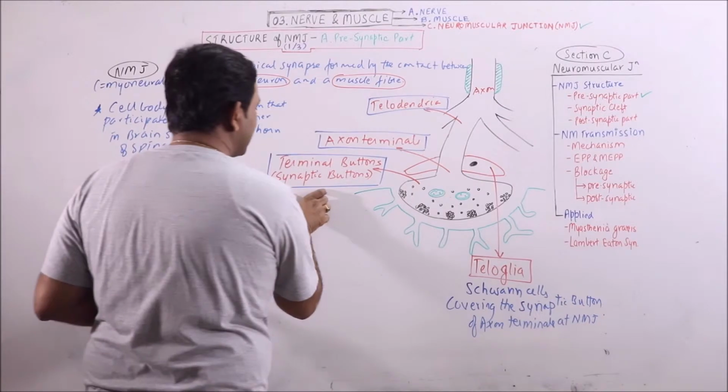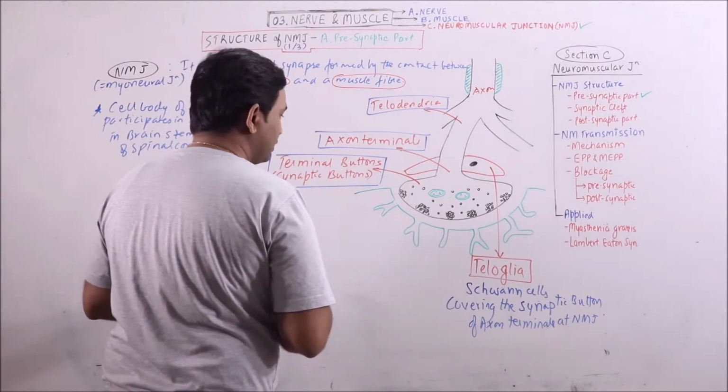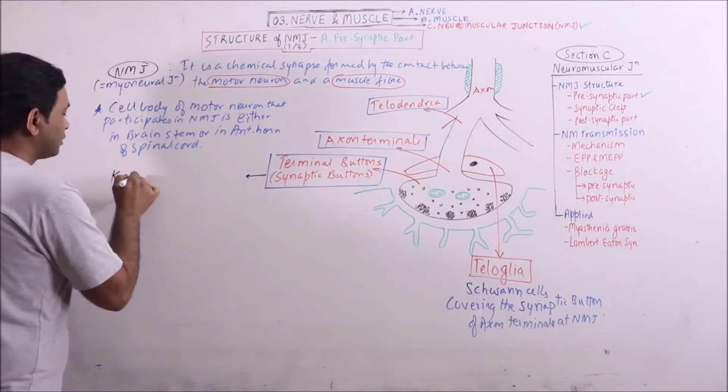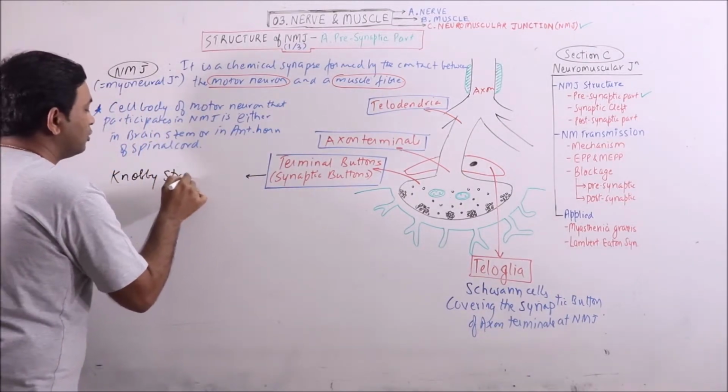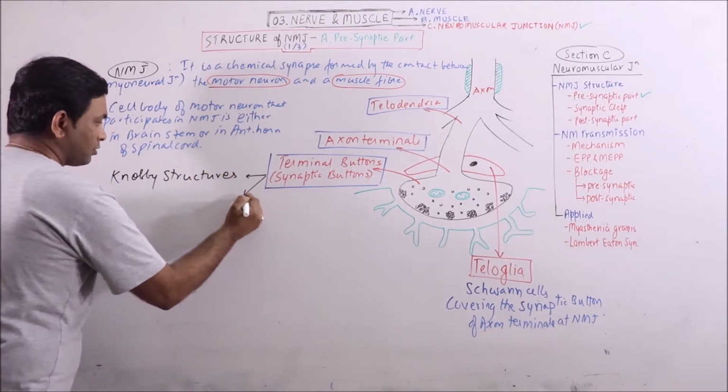Now, very important is terminal button, that is the terminal part of axon terminal. These are knobby structures.